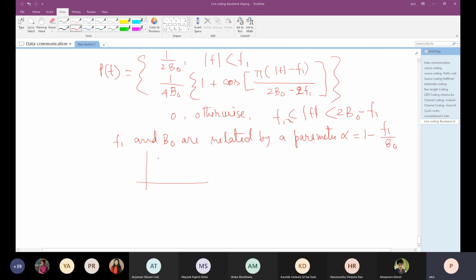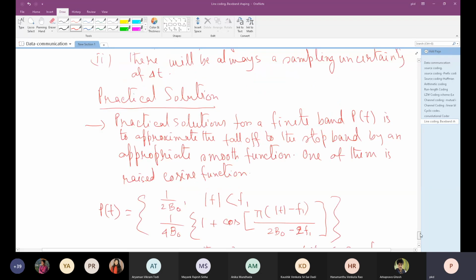So usually our ideal filter was like this, with f by b0 on the axis.